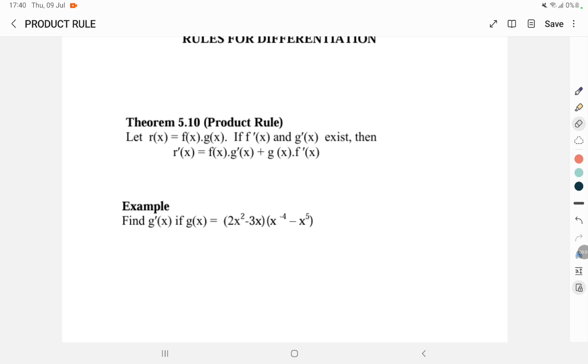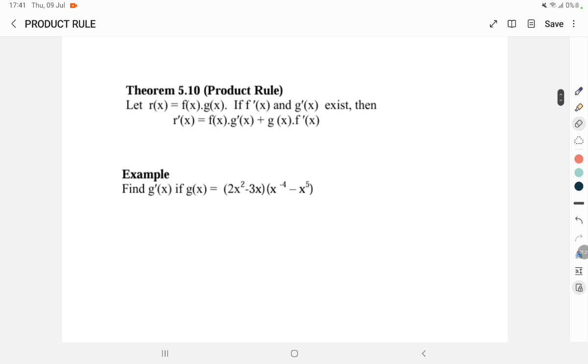For us to apply the product rule, we must say if the derivative of f of x and the derivative of g of x exist, then the derivative of r of x is equal to f of x multiplied by the derivative of g of x plus g of x multiplied by the derivative of f of x.